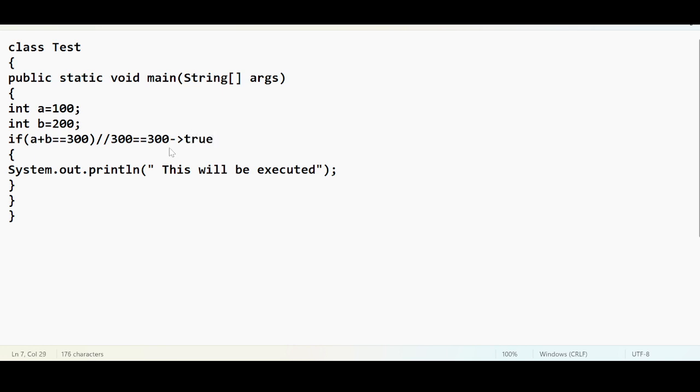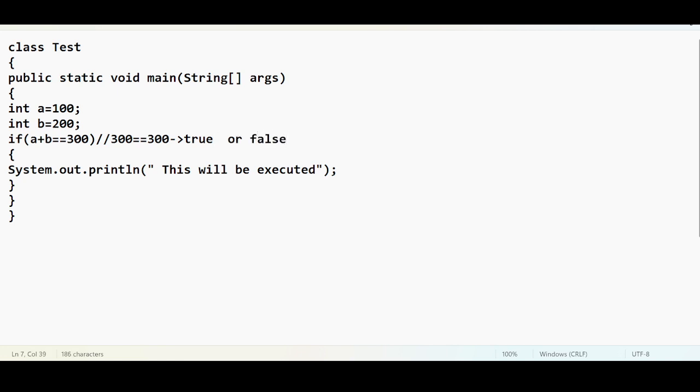That's why after evaluation, this is going to return true, right? So when this value is evaluated and the resultant value is found to be true, the control will get into the if block. Inside the if block, only one statement is that this will be executed. Don't ever think about these values. The statements that we are defining in the if condition have to get evaluated in such a way that the resultant value can be true or false.